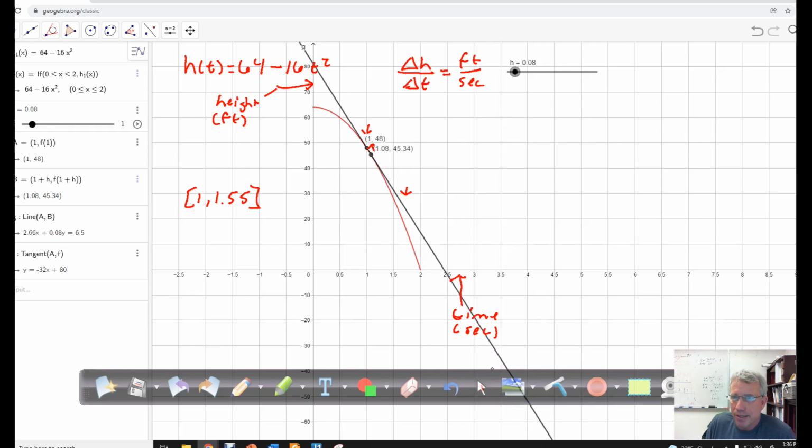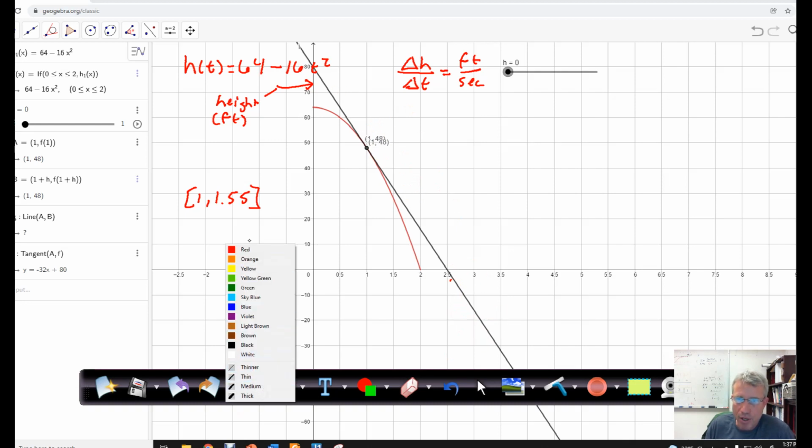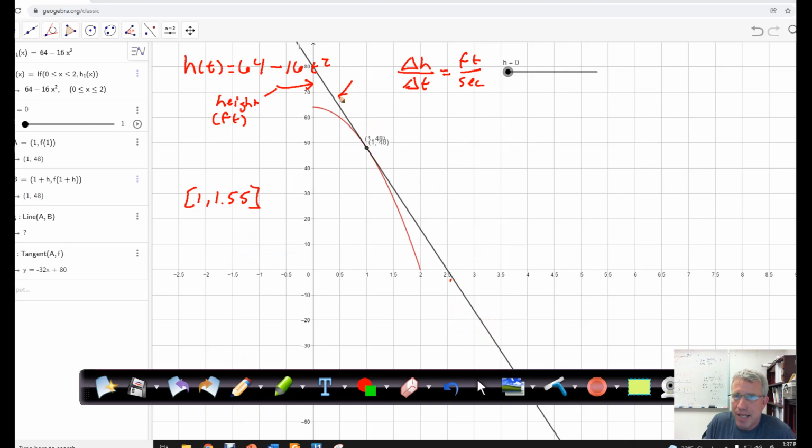So we want to let the delta t go to 0. And if we let it go to 0, we just have a tangent line sitting there. So the big idea is that the slope of the tangent line to the graph will give us the instantaneous speed when t equals 1.